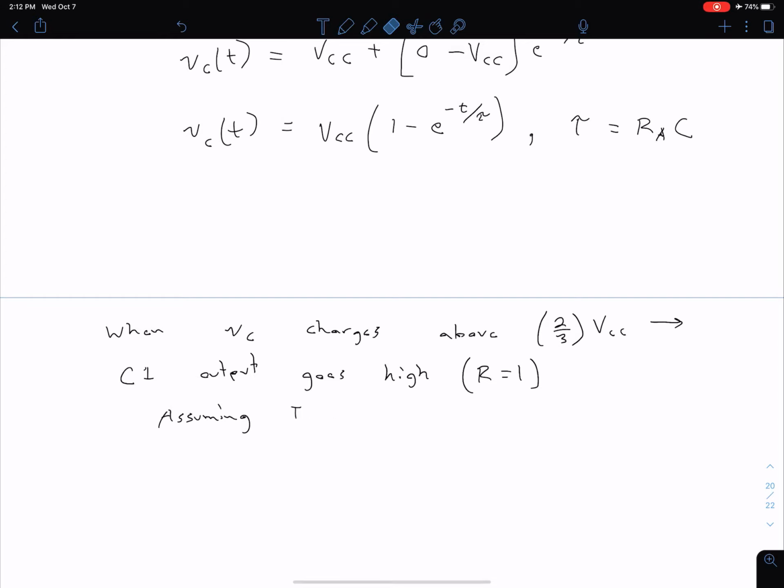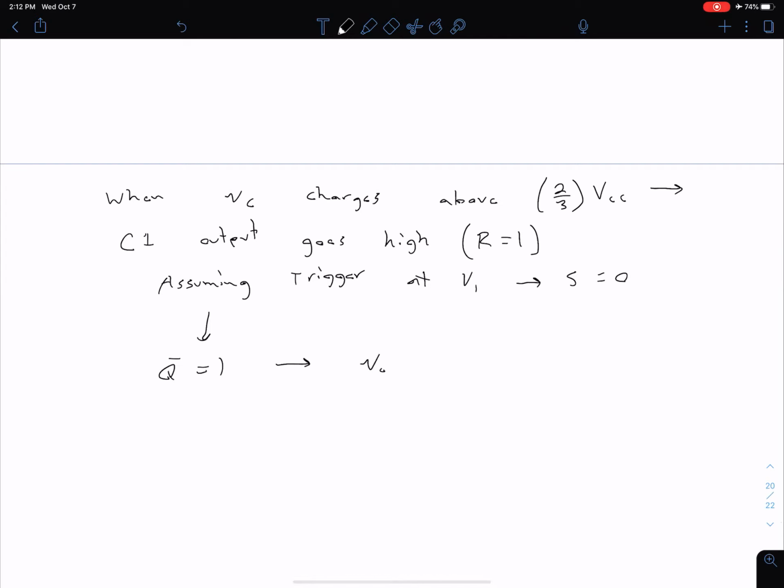So now we have our reset state, which means that our Q naught is equal to 1, which means that our V naught goes low again. And so basically we've returned now to our quiescent state, and our discharge transistor turns on. So this Q naught equals 1 is turning on our discharge transistor.